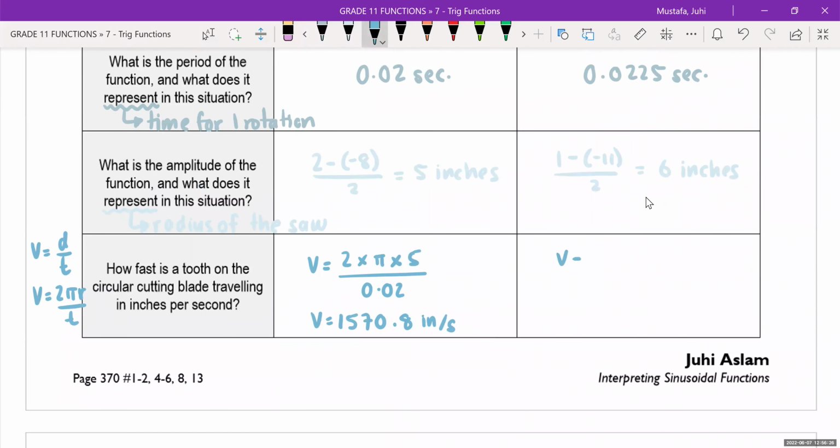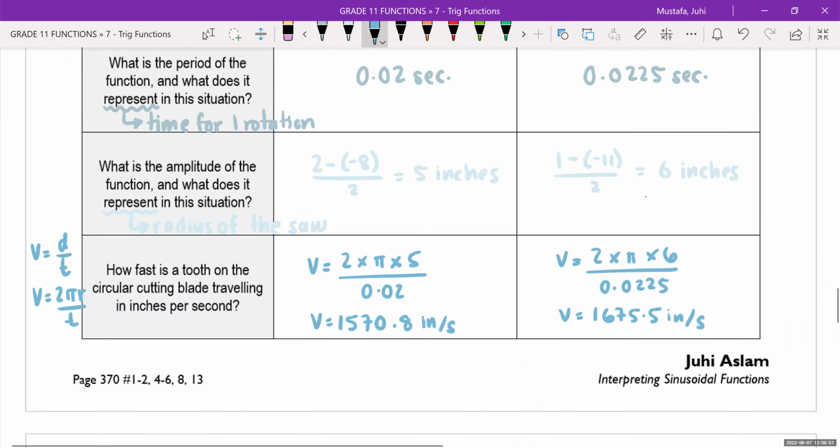And the next one is v is equal to 2 times pi times 6. And this period is 0.0225. So 2 times pi times 6 divided by 0.0225. And this is 1,675.5 inches per second. That's it.